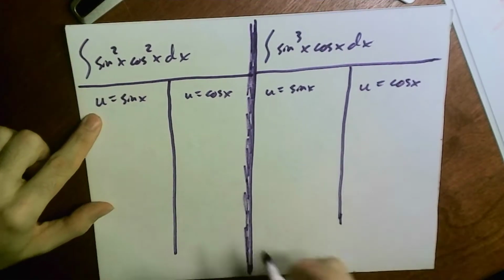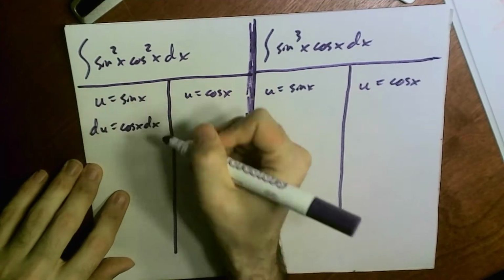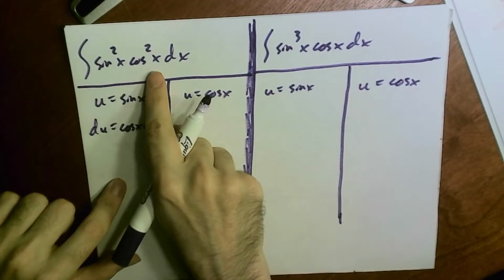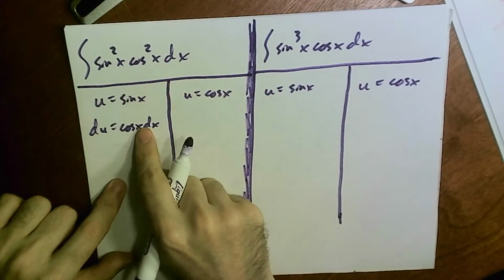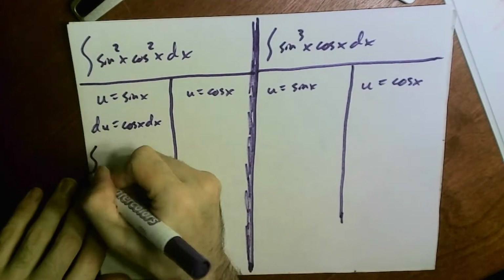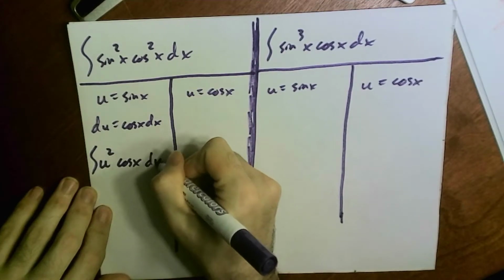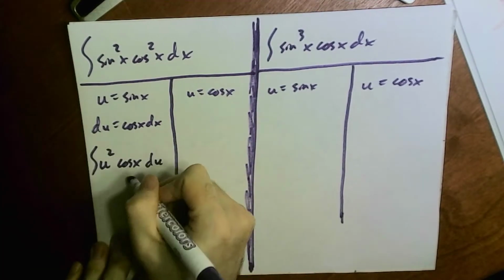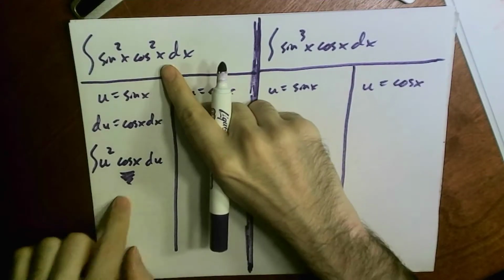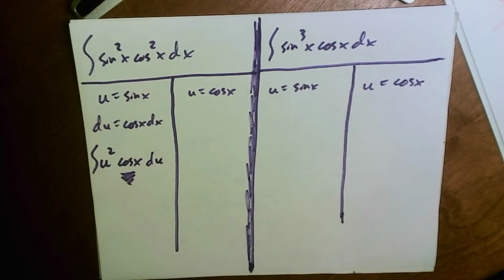All right? If u is sine, du is cosine of x dx. So I'm going to take one of my 2 cosines and use it in my du. The sine squared just becomes u squared, but I still have a cosine left over. I've used one of the cosines in my du, but the other is still sitting there and I'd have to convert it somehow. This is the same problem we had a minute ago.